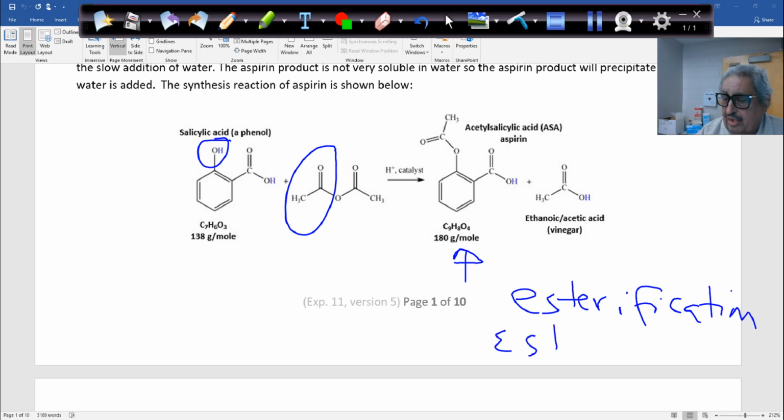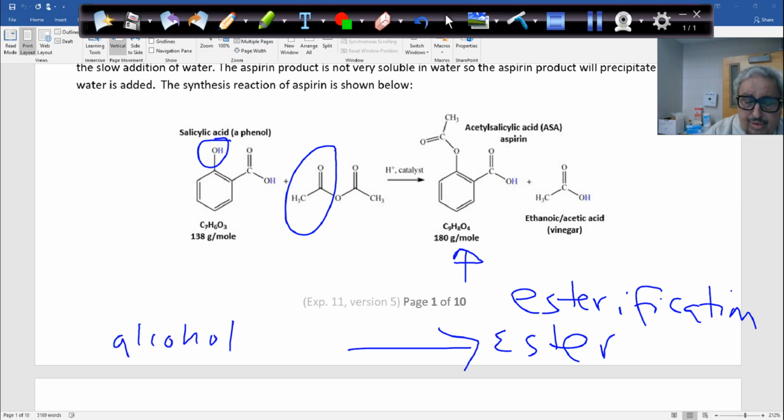You make an ester. An ester is made from alcohol plus an acid, carboxylic acid, of course. Alcohol here in this case, phenol. So that's the whole thing about the chemical reaction.